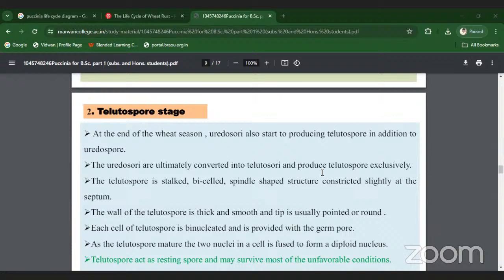The same urediospores are ultimately converted into teliospores, and the pustule produces teliospores exclusively.